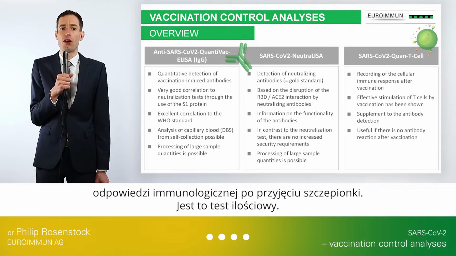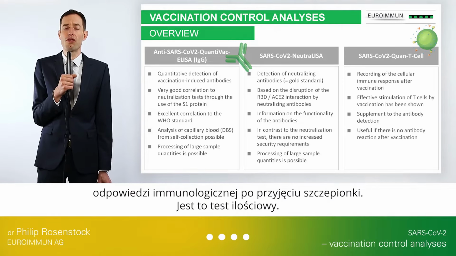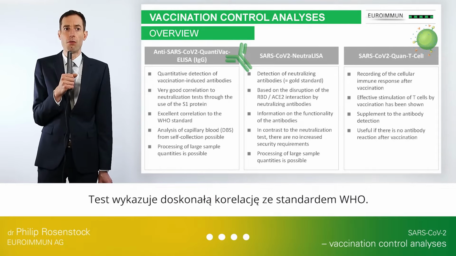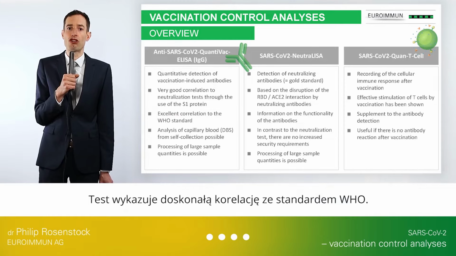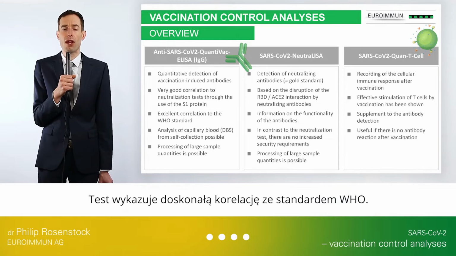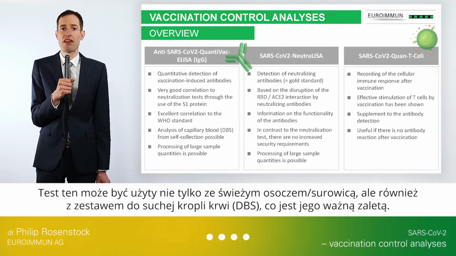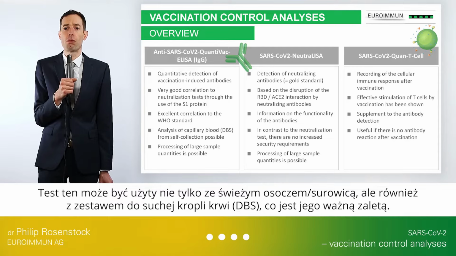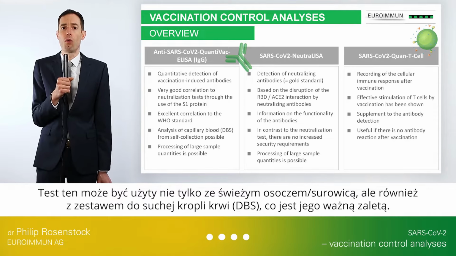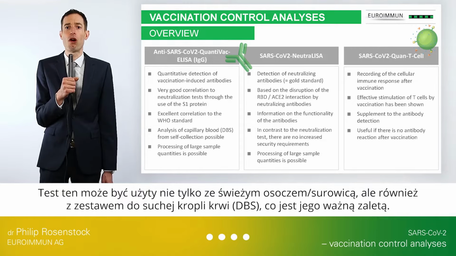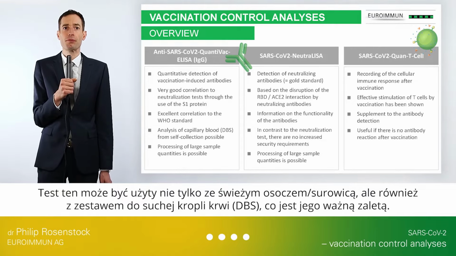It has a complete, fully quantitative evaluation. It correlates excellently to the WHO reference preparation, and it can be used also with dried blood spots and not only with fresh plasma or serum, which makes the assay especially interesting for remote analysis.